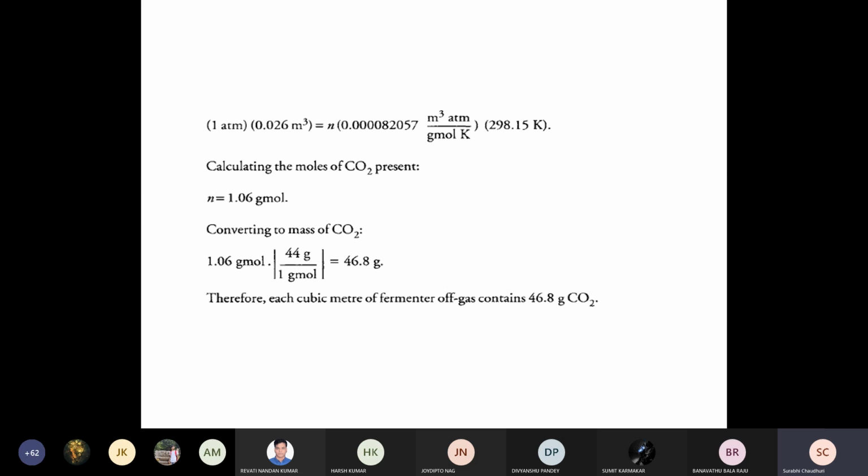So that is our volume of carbon dioxide. We need to calculate mass, so we are calculating the number of moles. P, R and T are given. So N equals 1.06, and then we multiply with the molecular weight to get the mass.